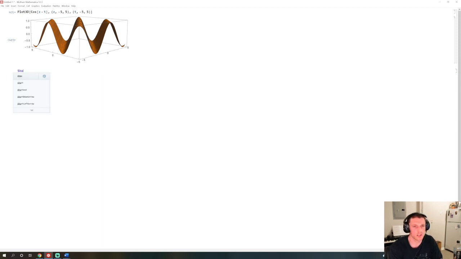I'm going to have Mathematica show me two plots. The first one is going to be sine of theta, and we're going to say that theta is between negative 0.3 and positive 0.3. These are in radians, because Mathematica by default interprets angles to be radians.